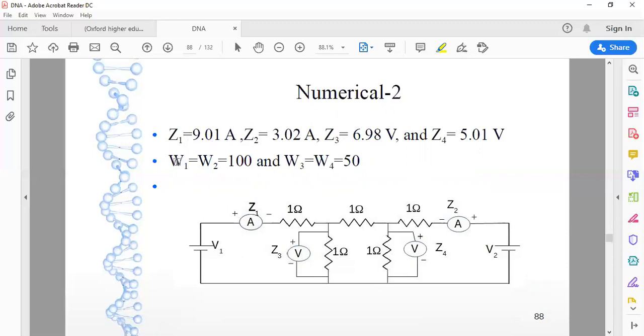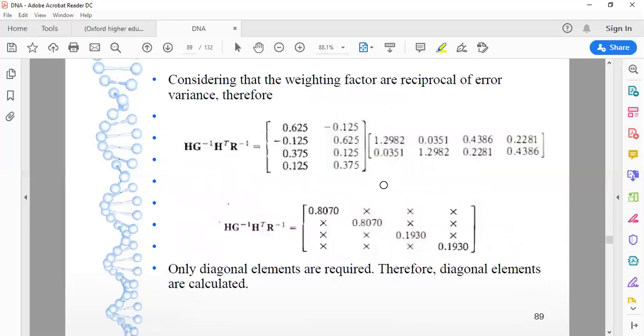The weighting factor for instruments 1, 2, 3, 4: for 1 and 2 it is 100% and for 3 and 4 it is 50%. There are two state variables V1 and V2. So over here M is equal to 4 and N, the number of state variables, is equal to 2.